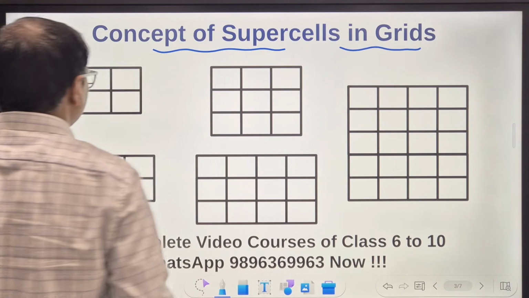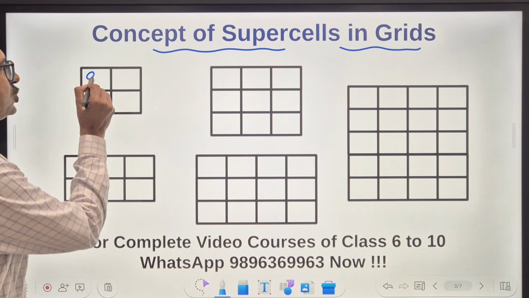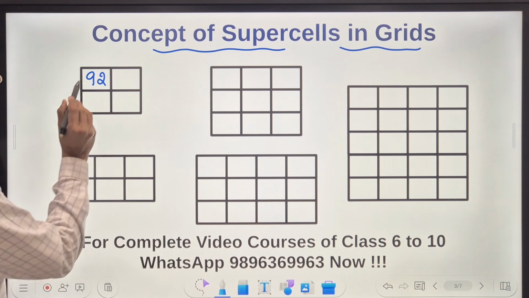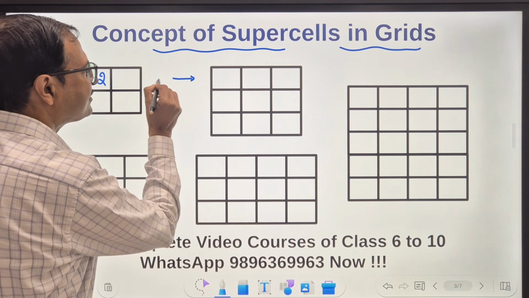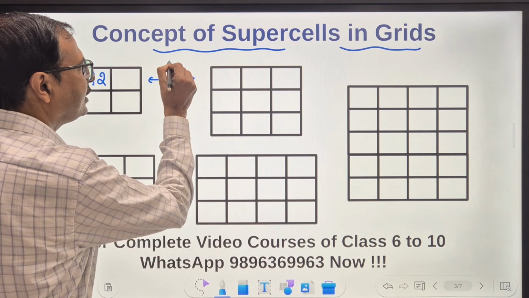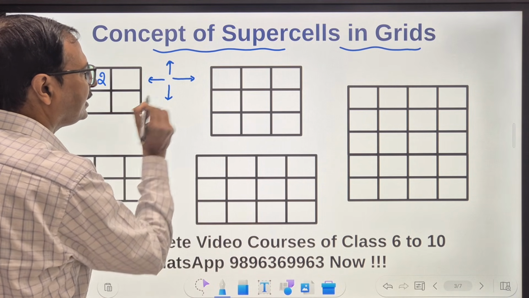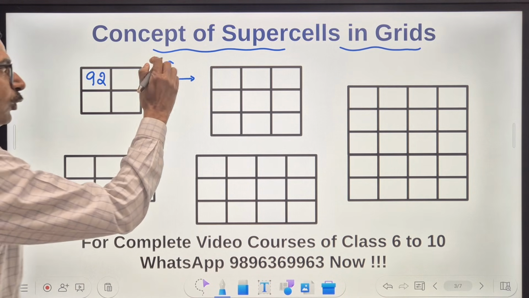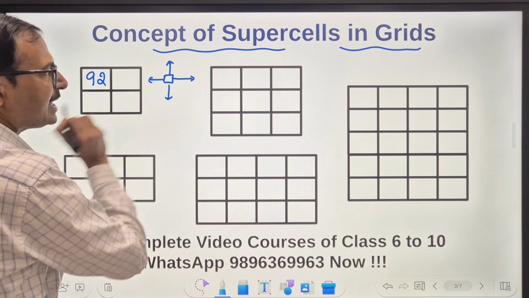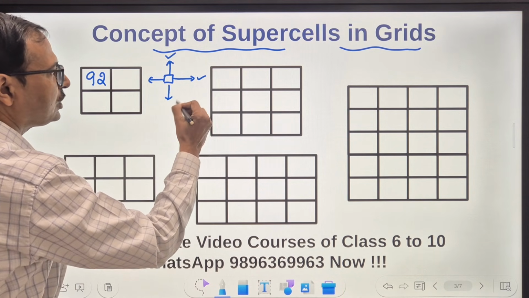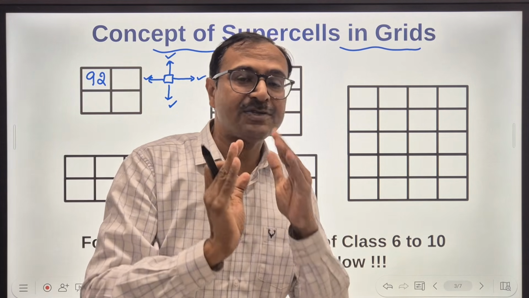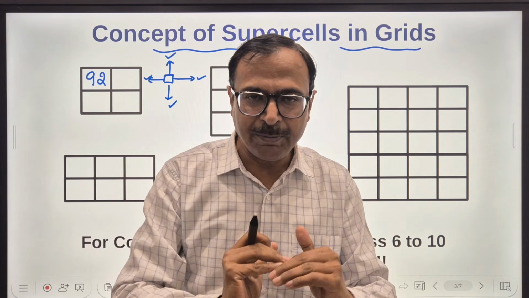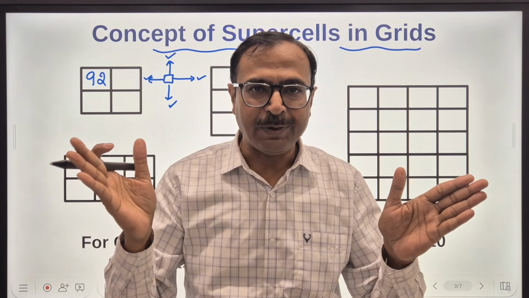Suppose I have a number 92 here, and on the right side, on the left side, on top of it, and at the bottom, there are four neighbors of this cell: 1, 2, 3, 4. Remember, not the diagonal neighbors, okay? It is only the top neighbor, the bottom neighbor, the left and the right neighbor.